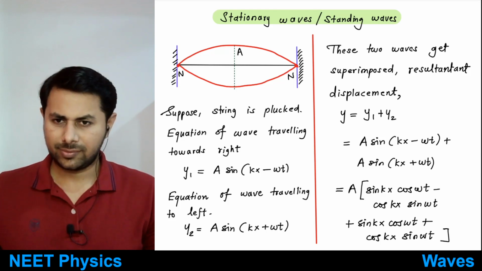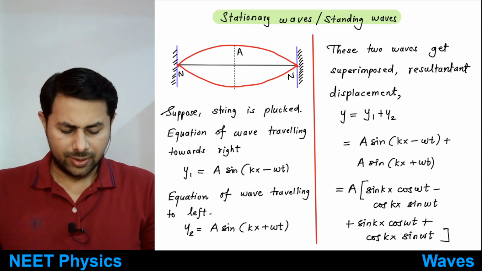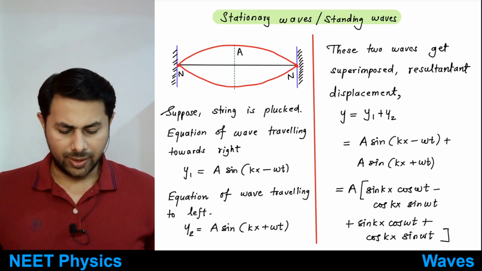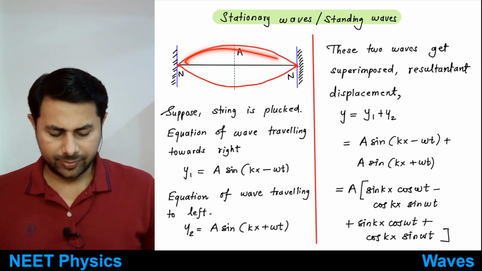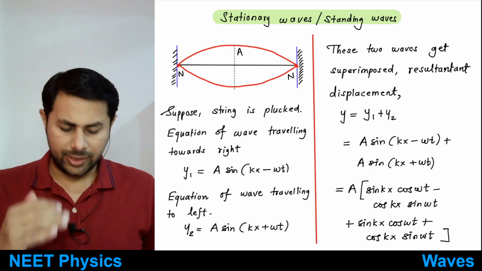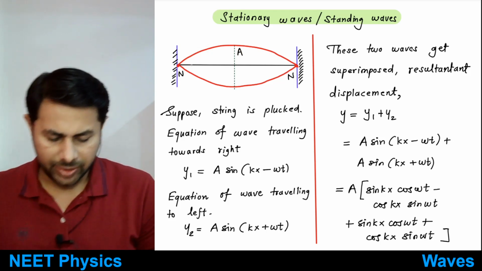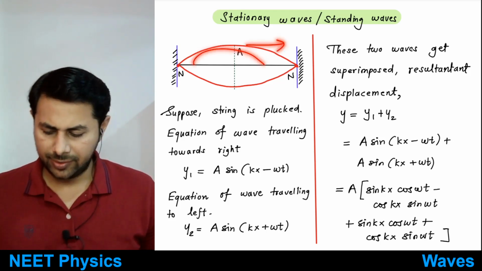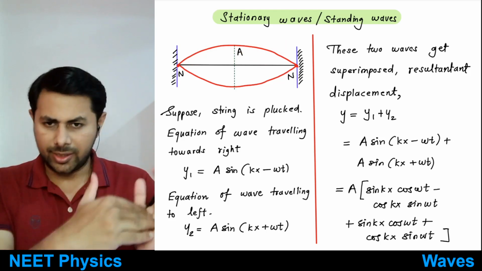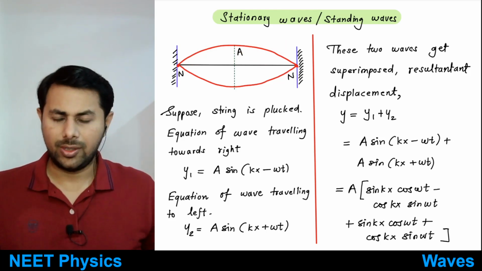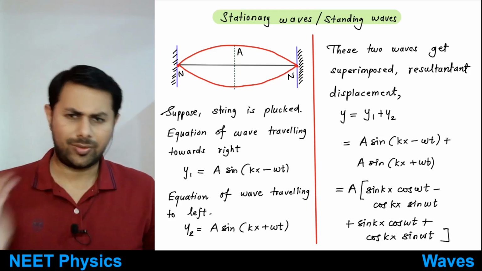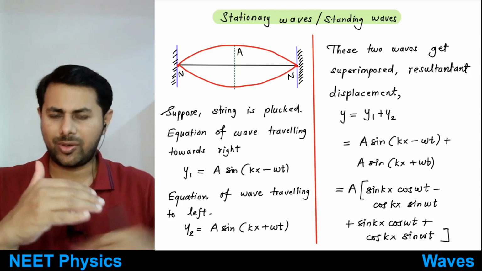All right. So now suppose the string is plucked. There is a wave which moves in the positive x direction, and from the other end it gets reflected back. So there is a wave coming from left to right and a wave going from right to left.